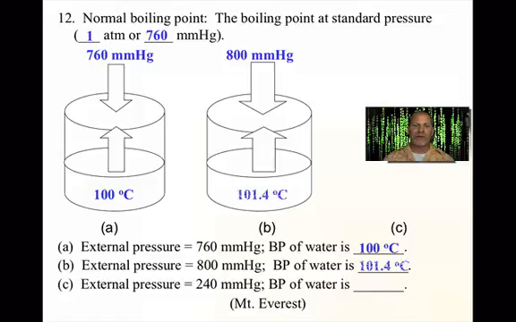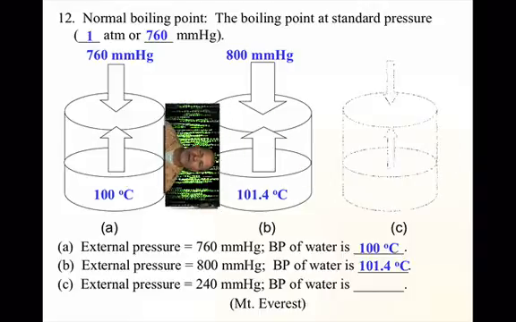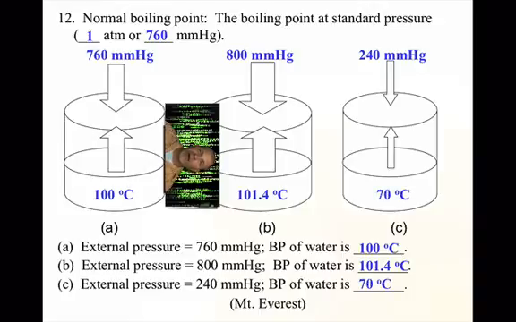To do that, I'd have to increase my temperature so I can get higher pressure and get water to boil at a higher temperature. The opposite of that, if my atmospheric pressure drops to 240, my vapor pressure only has to reach 240, and water can reach that at a little over 70 degrees Celsius. That occurs on Mount Everest. Now, again, once your water starts to boil, it maintains that temperature.